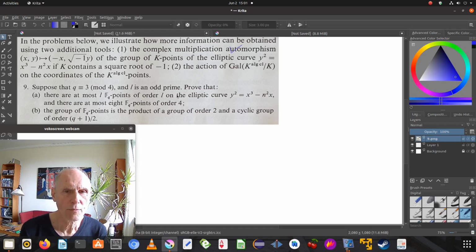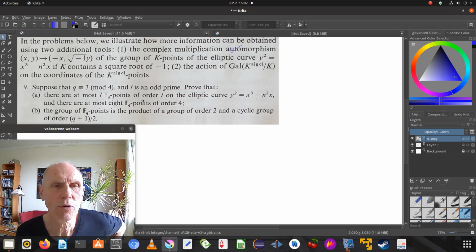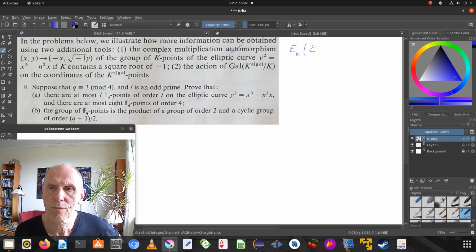L is an odd prime, and an elliptic curve has at most L F_q points on the projective curve.